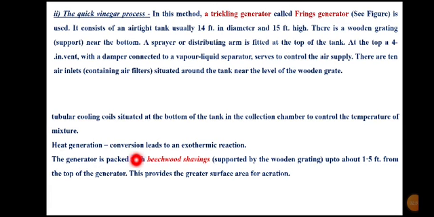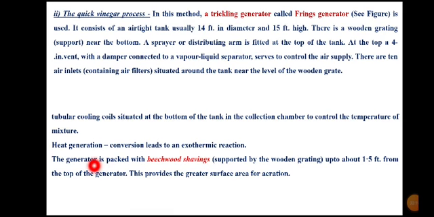This fringe generator is packed with a packing material called beechwood shavings. These are the wood shavings, supported by the wooden grating up to 1.5 feet from the top of the generator.